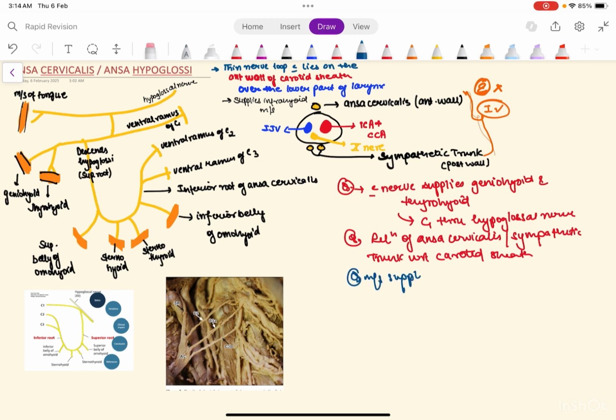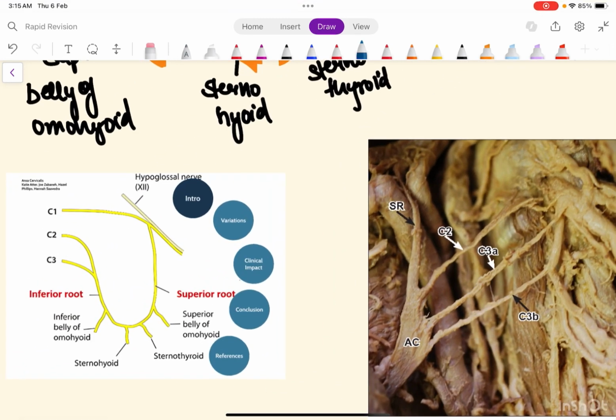Then you can get a question on the muscles supplied by Ansa cervicalis. The inferior belly of omohyoid is the muscle which divides the posterior triangle into two triangles. Remember, posterior occipital.